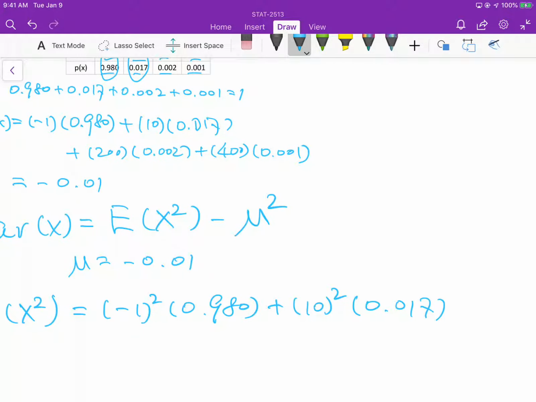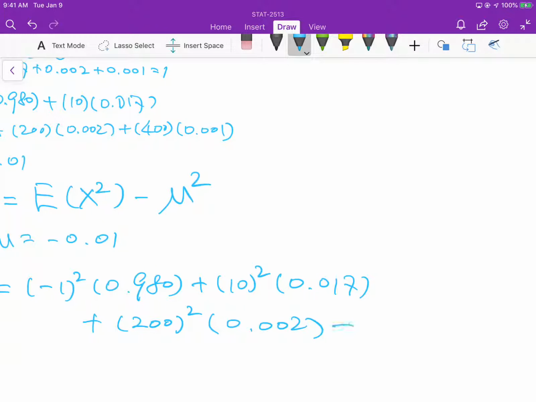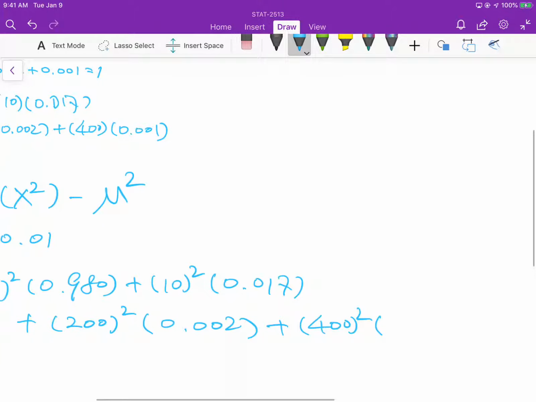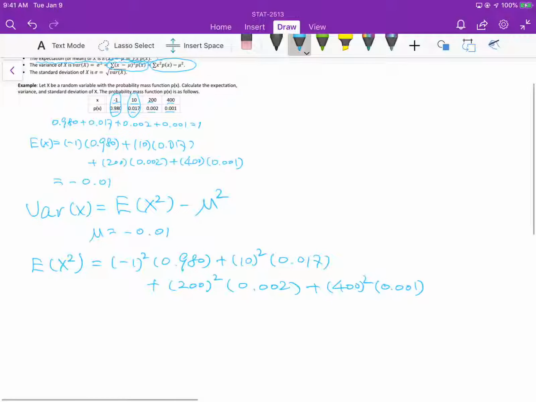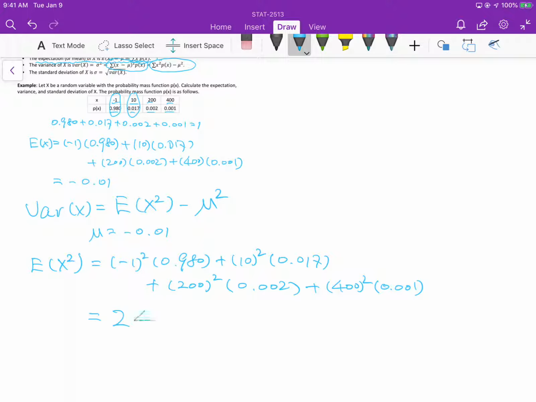Then plus 200 squared times 0.002, and then plus 400 squared times 0.001. If you do the math, you will get the expectation of x squared.